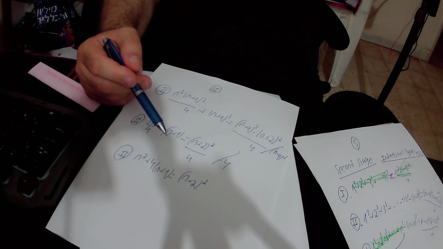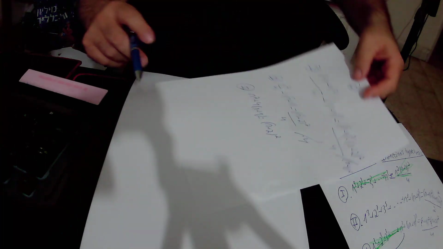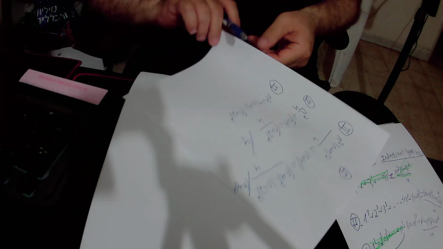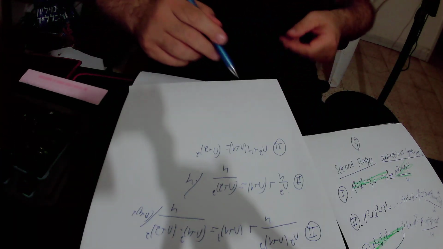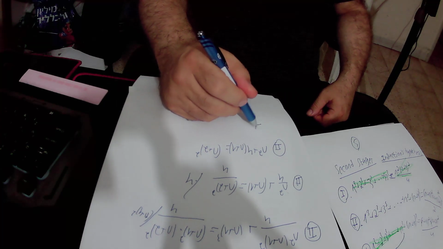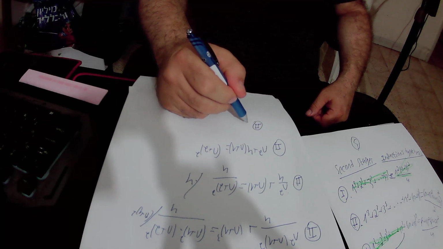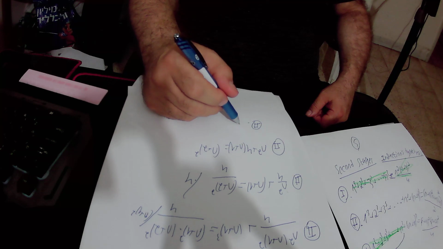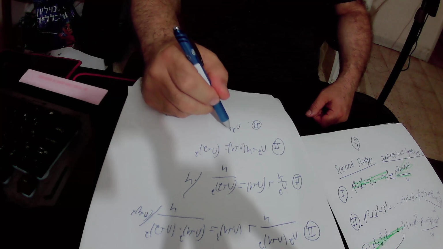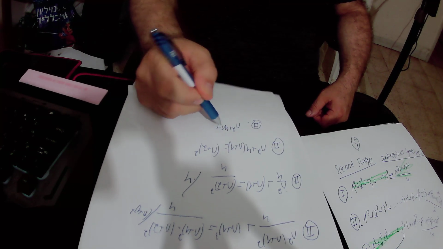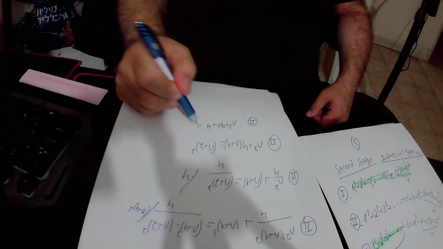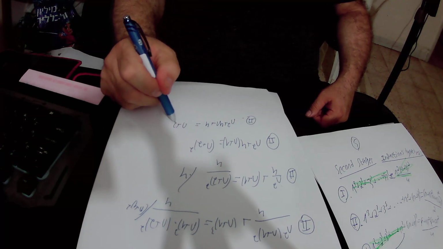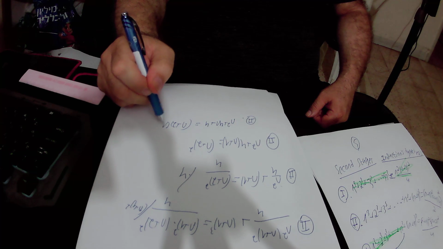So now we will open the brackets on both sides of the equation. So we get n squared plus 4n plus 4 equals to n plus 2 times n plus 2.